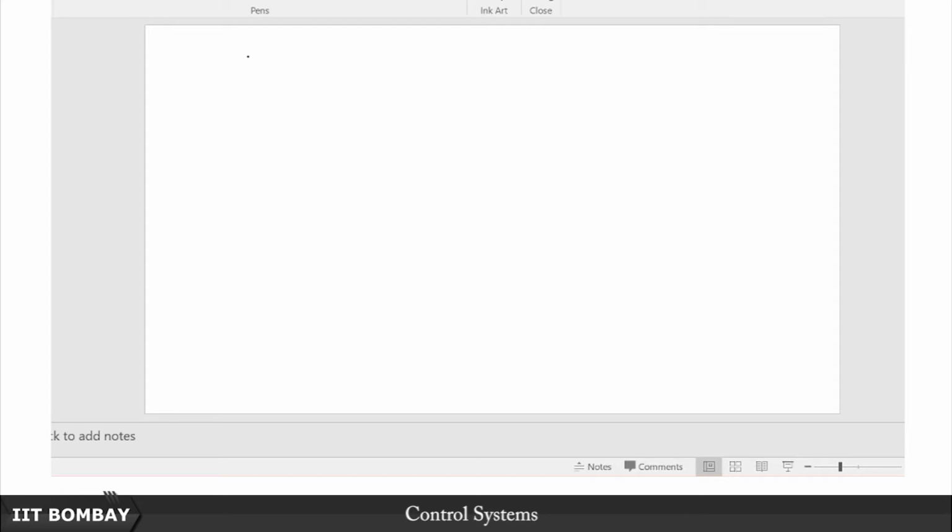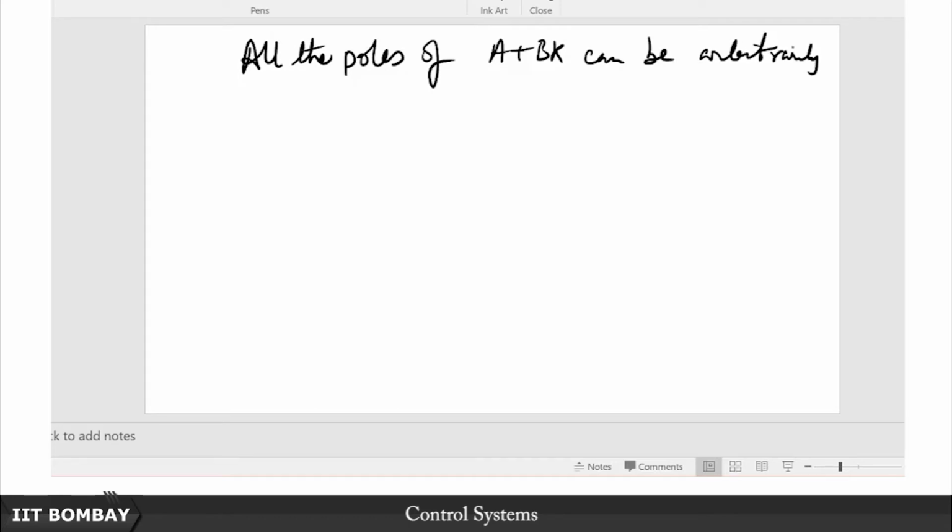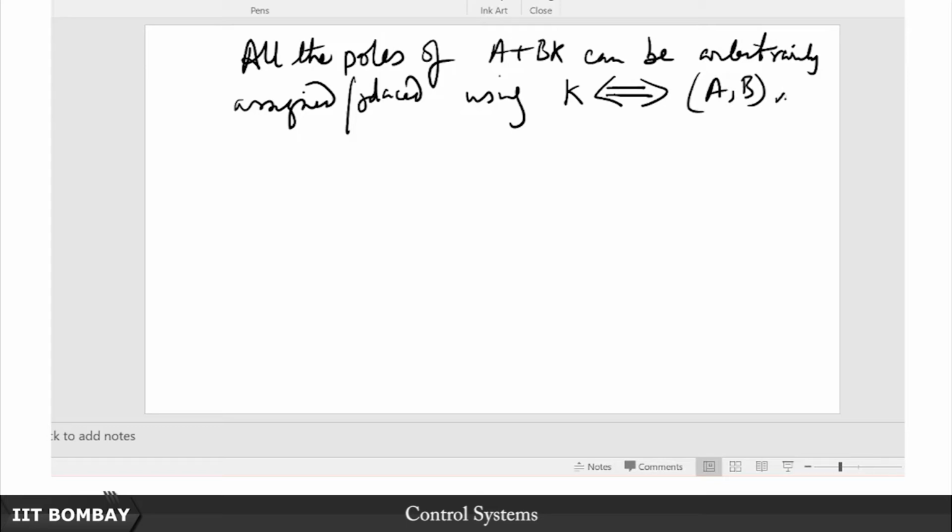So it turns out that all the poles of A plus BK can be arbitrarily assigned or placed using K. This condition is the same as the AB pair being fully controllable.